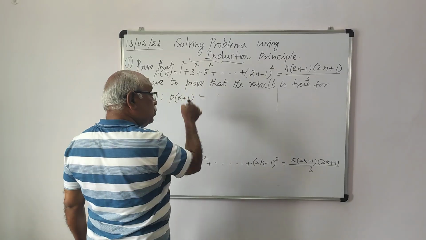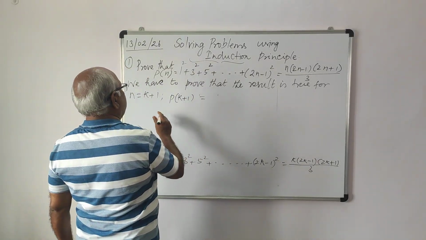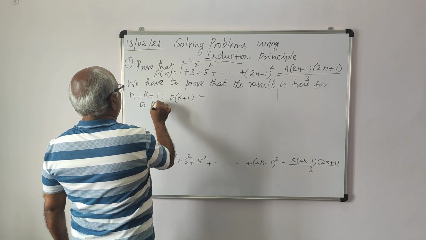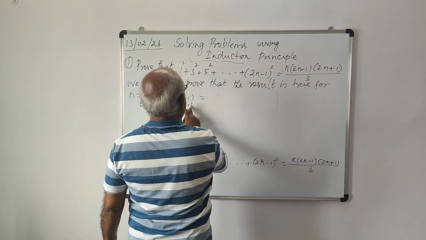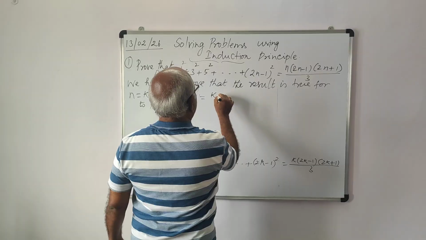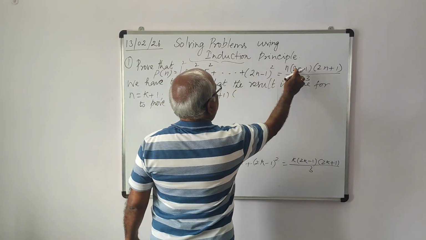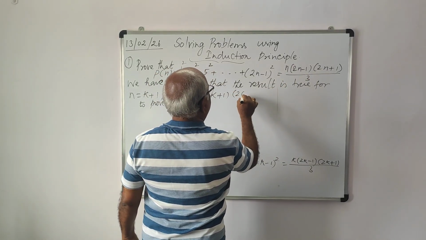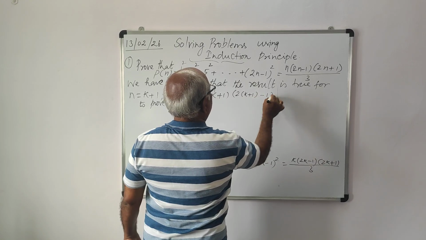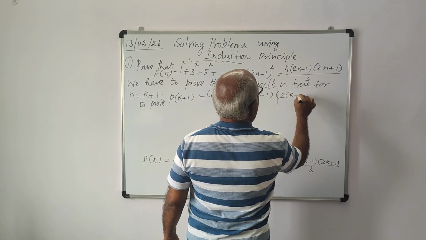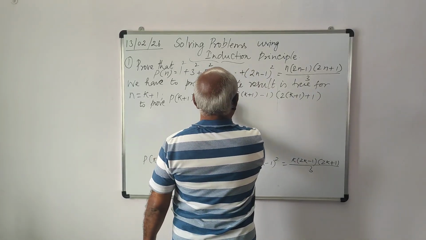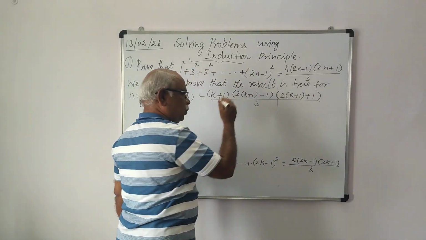What do we have to prove? Instead of k, the right hand side is, if you put n as k plus 1, 2 into n for k plus 1 minus 1, n for k plus 1 into 2 into n for k plus 1 plus 1 by 3. That's what we have to prove on the right hand side.